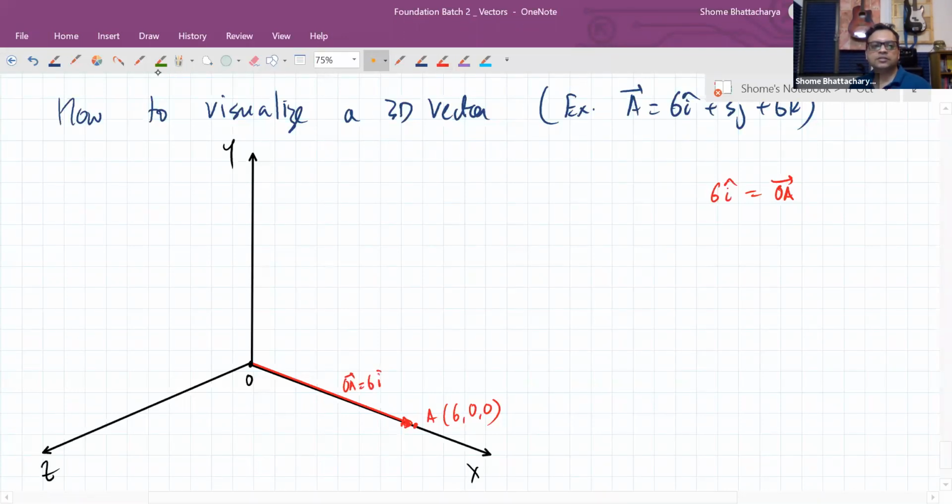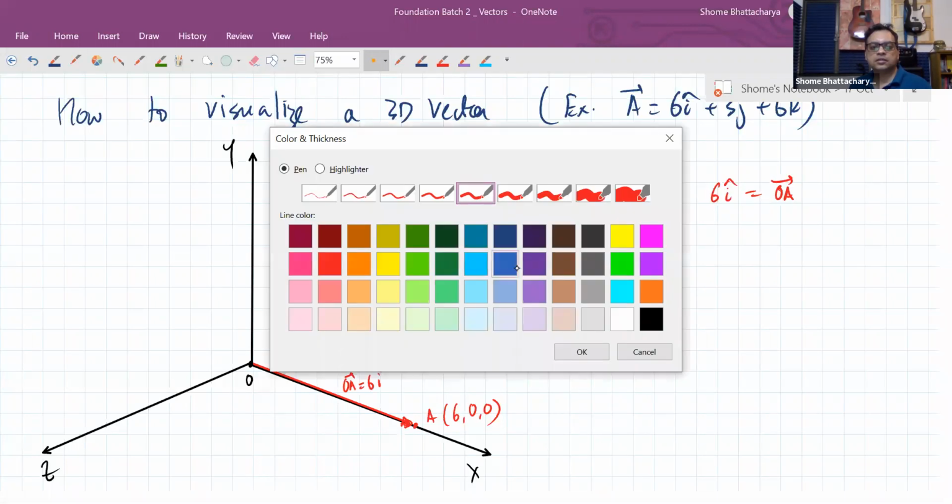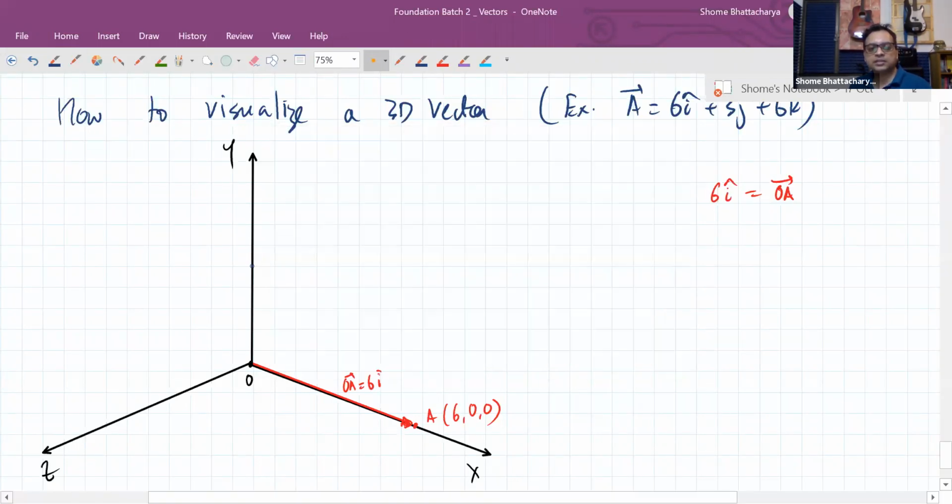Now similarly, if you visualize a point on the y axis, let's say point B, which is 0 comma 3 comma 0. Now if you see the vector OB, you see it is nothing but 3 j cap. It's like this. So this is your 3 j cap.